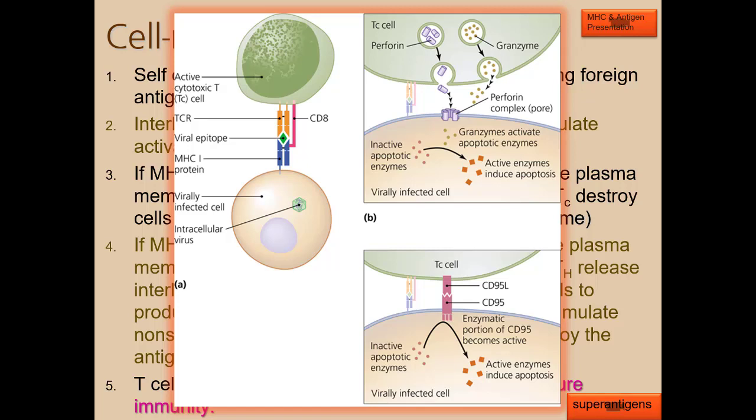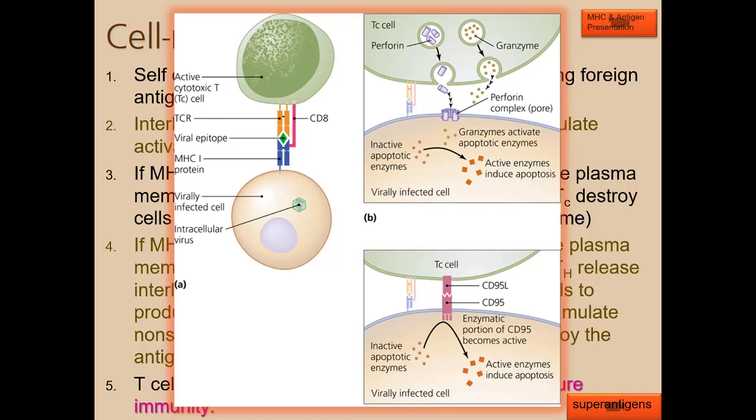At the top, you see a very common system that cytotoxic T cells use to destroy the viral infected cells. They produce a protein called perforin, small purple cylinder structures. They embed in the cell membrane of the viral infected cell, creating a pore. At the same time, the cytotoxic T cell is making a protein called granzyme.